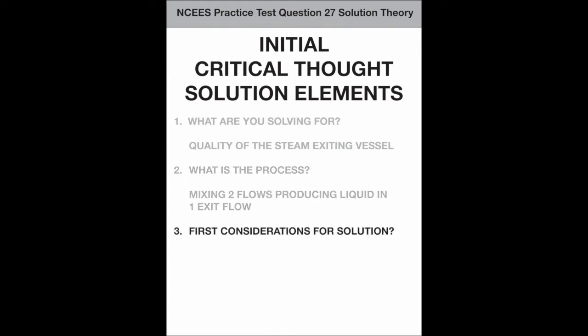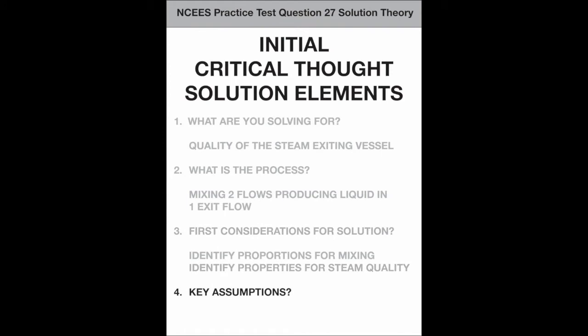3. What are the first considerations to find the solution in connection to the fundamental process? To identify the proportions of the two incoming flows so that the outlet flow is mixed in proper proportions. Also, to identify the properties of the outlet steam flow which determine its quality. 4.